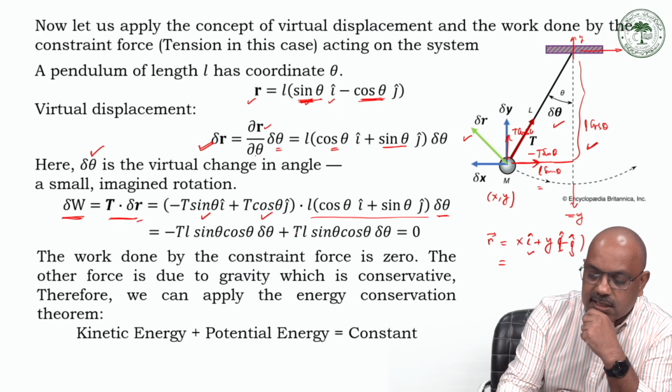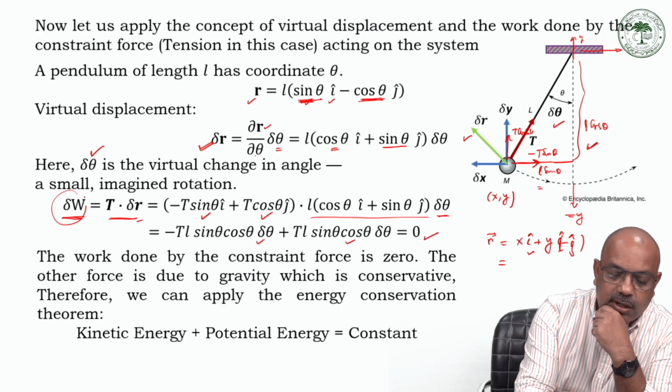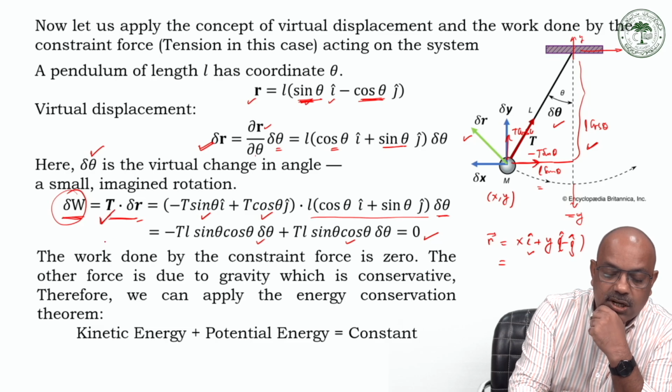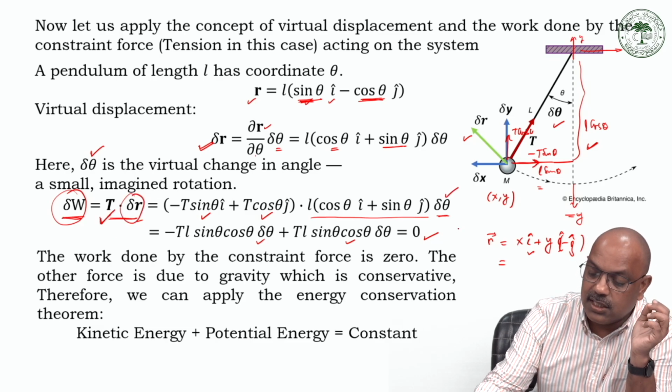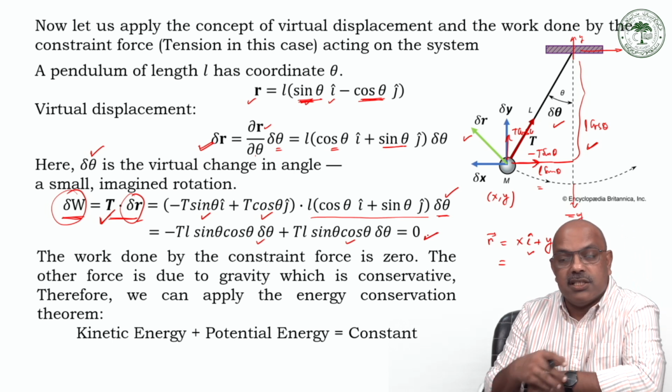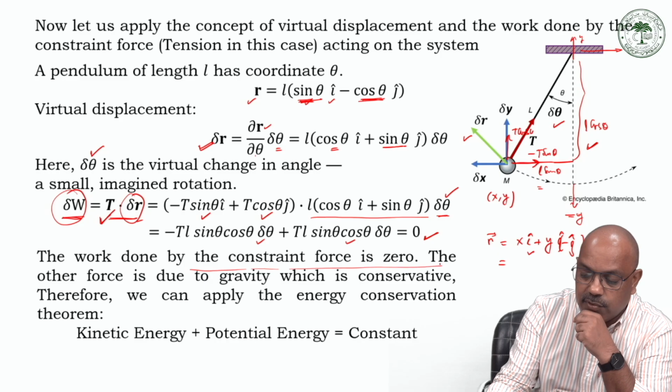So if you open this, these two are equal and we are getting a 0. So the work done by the constraint force for this virtual displacement, which is in terms of theta, is going to be 0, which is the principle of virtual work.